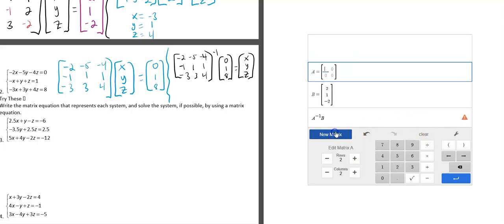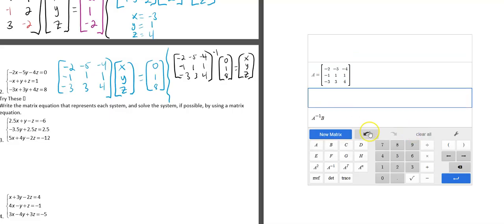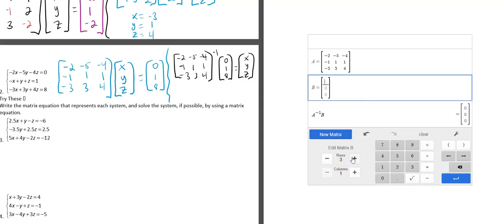All right, A new matrix 3 by 3. So we got -2, -5, -4, -1, 1, 1, -3, 3, 4. And then we need to clear B. B new matrix, column matrix, 3 rows. So 0, 1, 8, and boom. A inverse times B was already here. So I get x equals 0, y equals -4, and z equals 5. Okay.